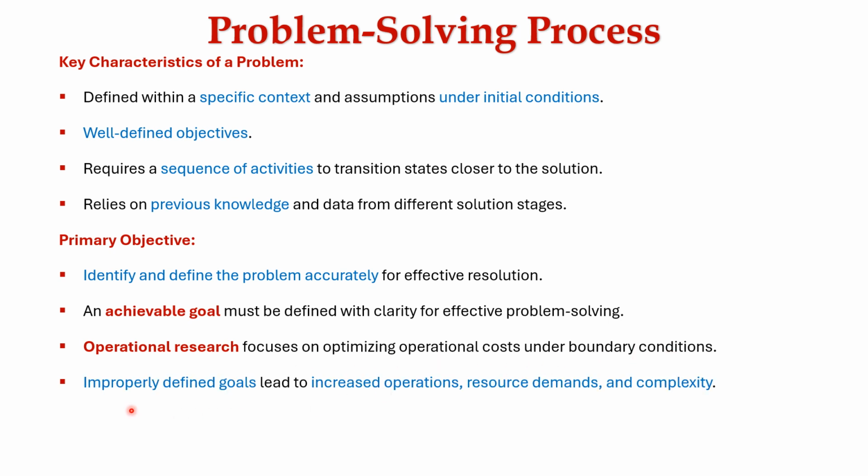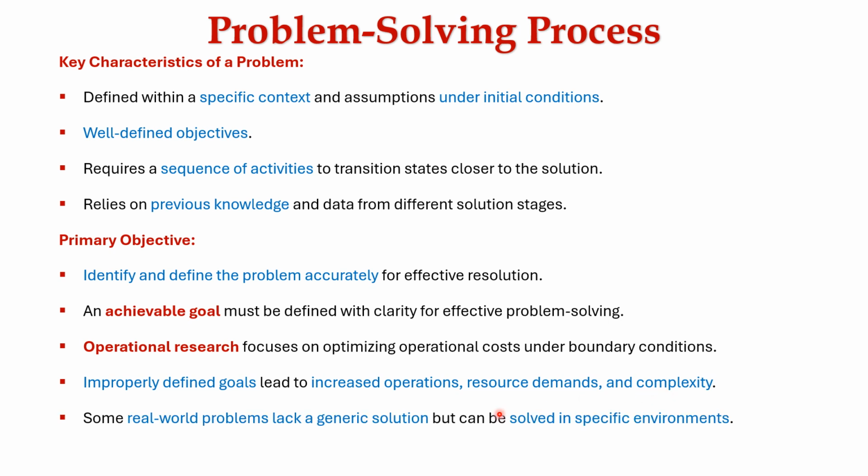Improperly designed goals always lead to increased operations, resource demands, and complexity. So some real-world problems may lack generic solutions, but they can be solved in specific environments. Problem solving depends on goal, initial information, and assumption.